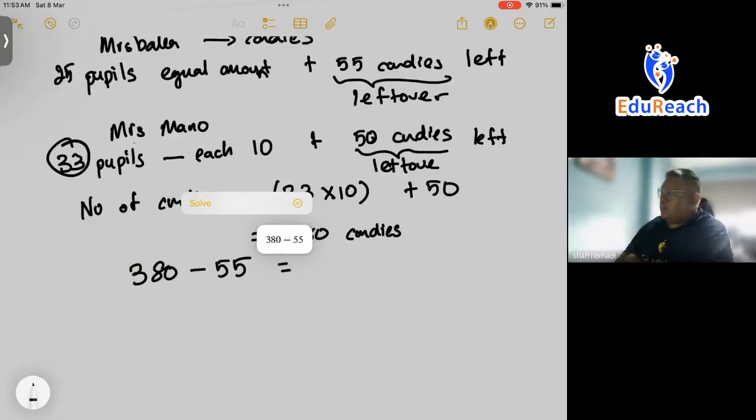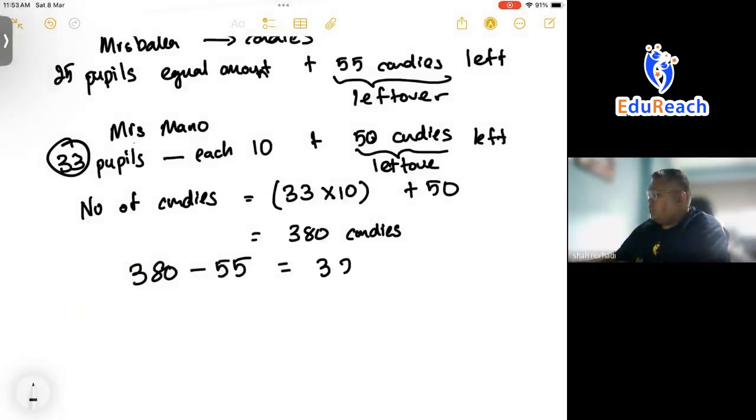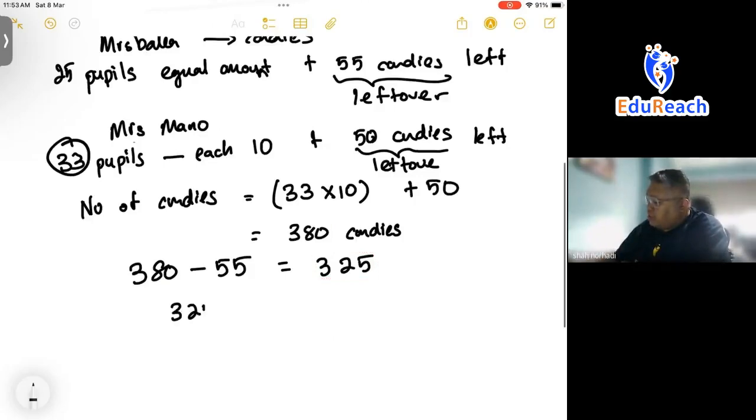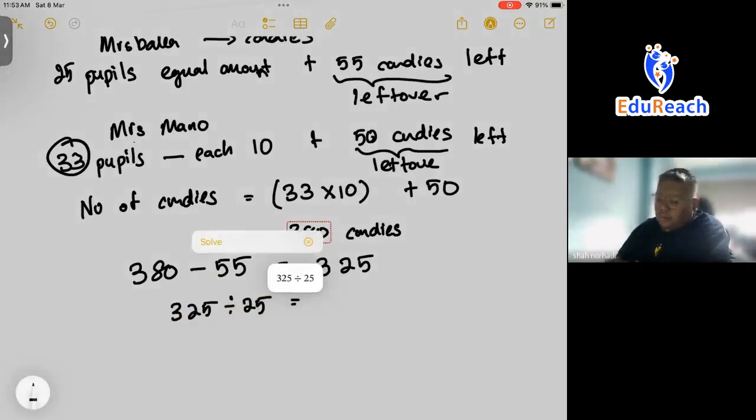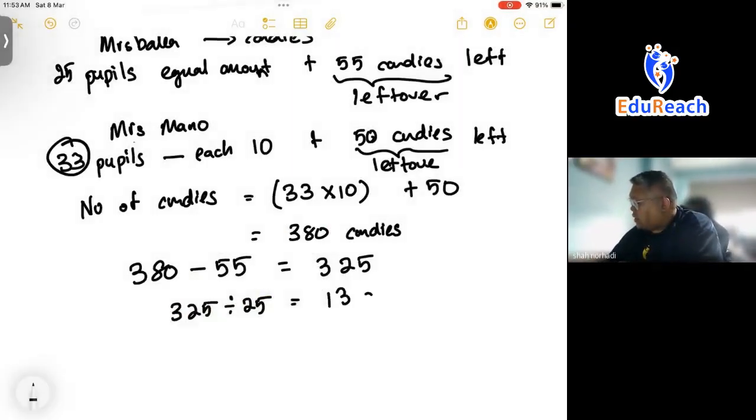Answer is 325. Then this 325 is being distributed to 25 people. So 325 divided by 25. Your answer is 13 candies.